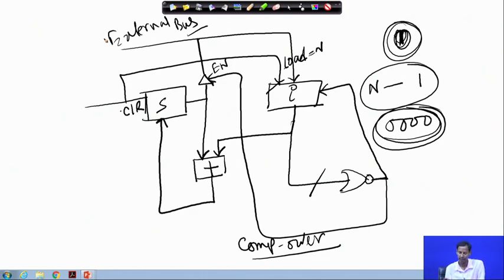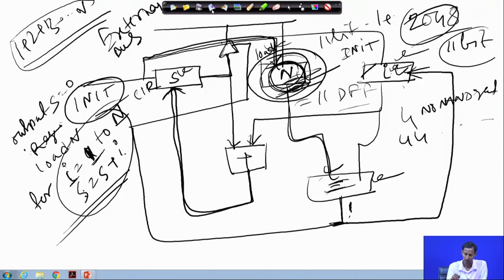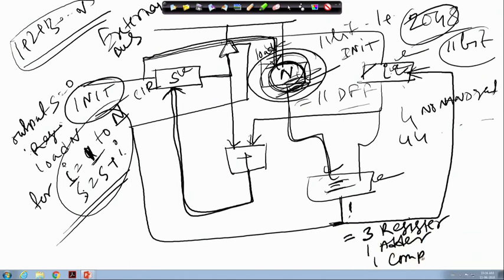Looking at the architecture from the previous slides, area-wise I required 3 registers, 1 adder, 1 comparator, and 1 buffer.